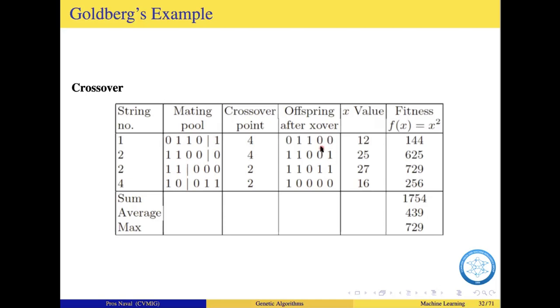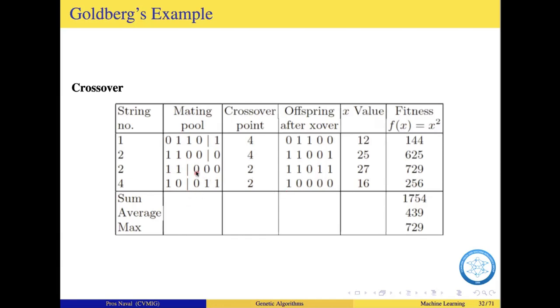Because you're generating the offspring, and these are your parents. And similarly for this, we ask again the random number generator to give us a number between 1 and 4, and it gives us the number 2. So the second crossover point is here.